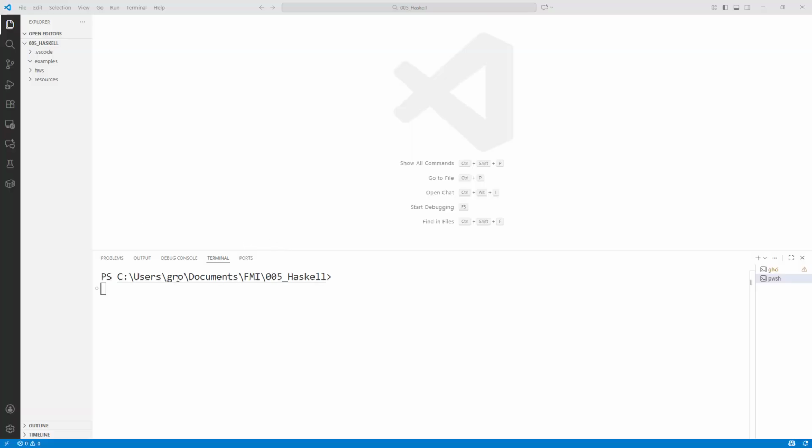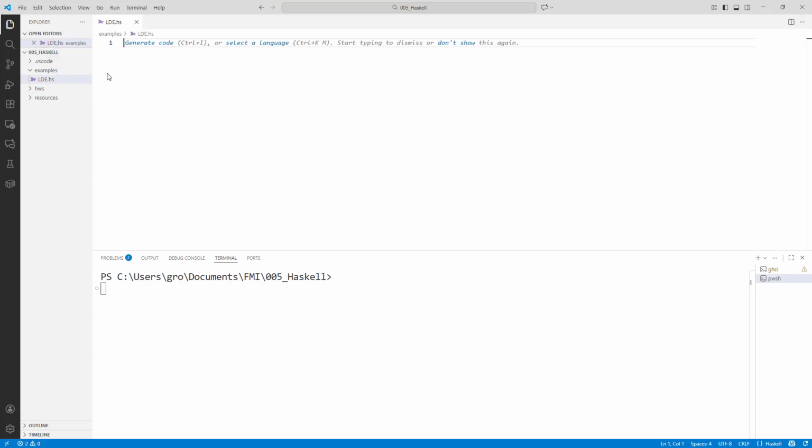All right, now we are in Visual Studio Code, like you have seen in the previous Haskell video, and we are going to create a new file and call it lde.hs. So clicking on examples, new file, and calling it lde.hs. LDE stands for Linear Diophantine Equation, and HS stands for Haskell.